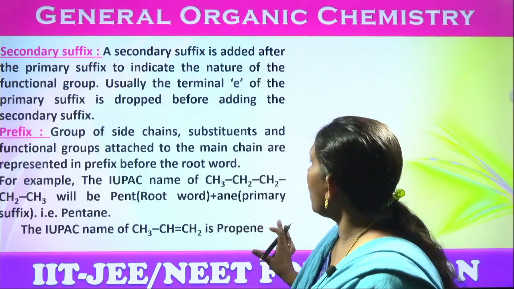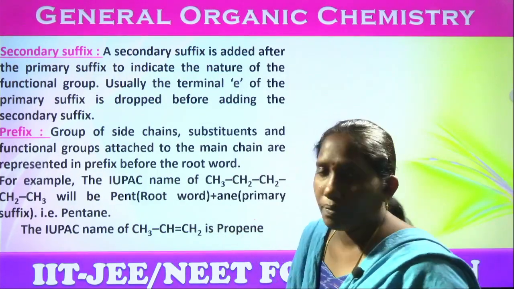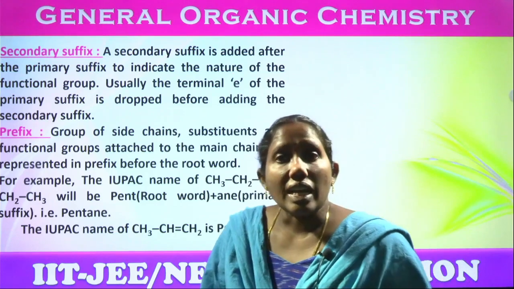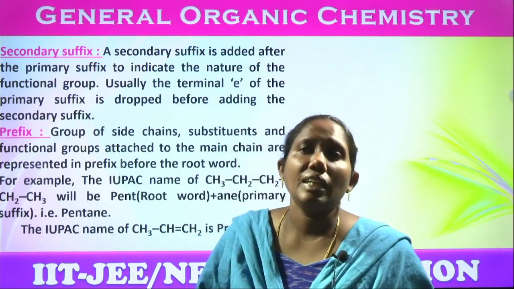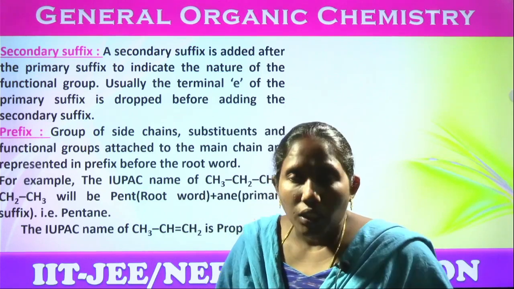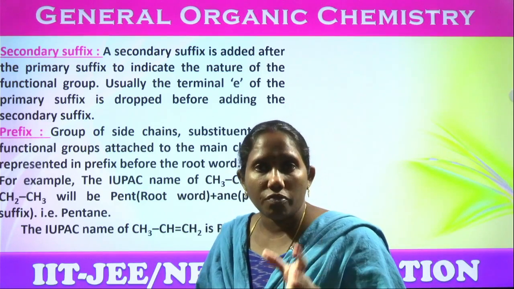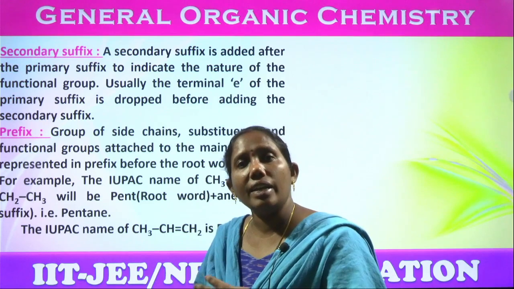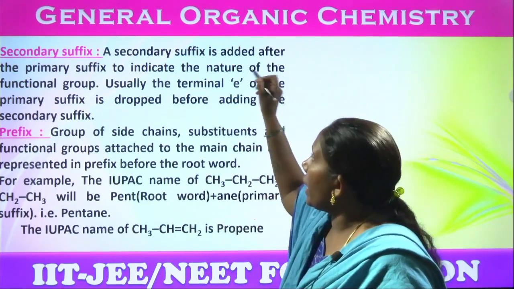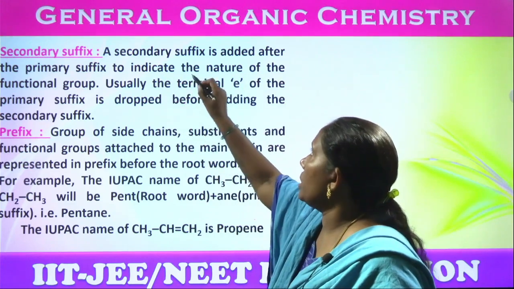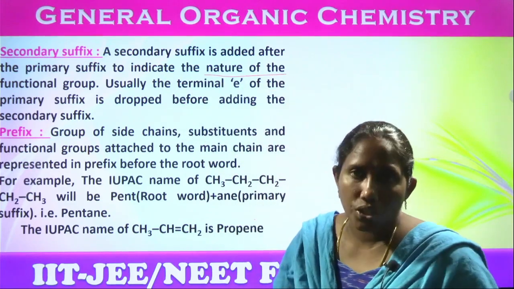Now come to the secondary suffix. This secondary suffix means any functional group present in the given organic compound; that functional group we write in the secondary suffix's place, right? So it is added after the primary suffix to indicate the nature of the functional group.